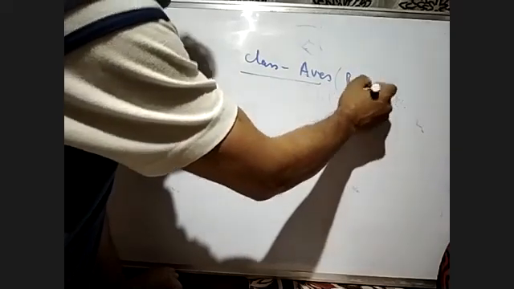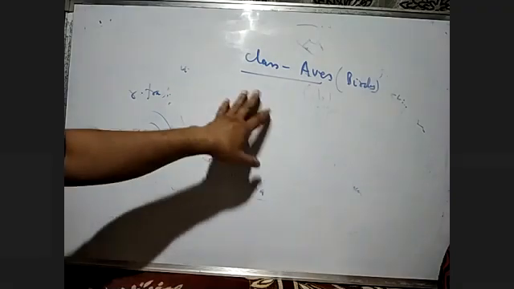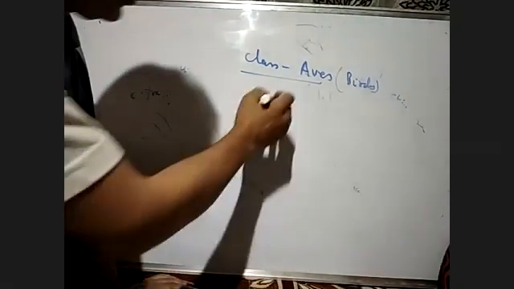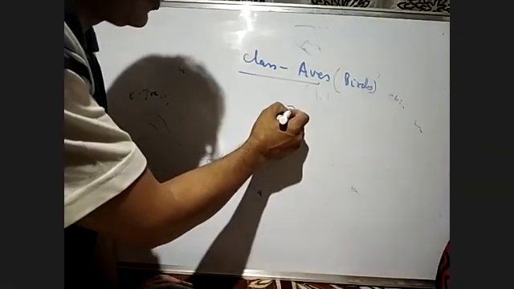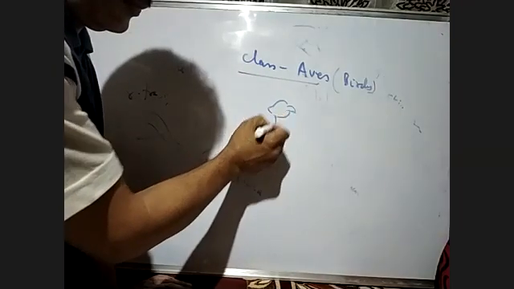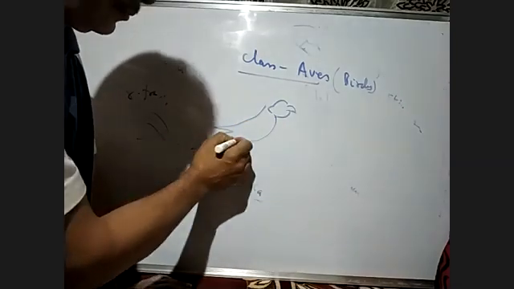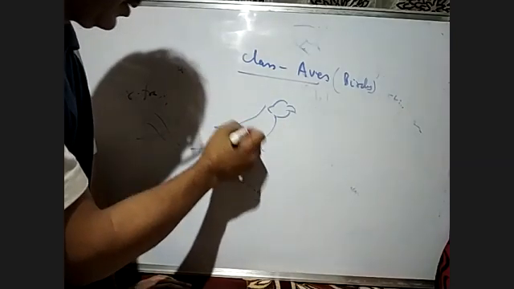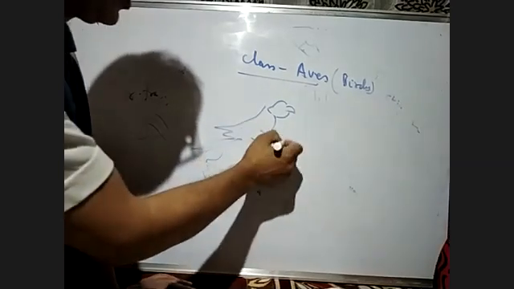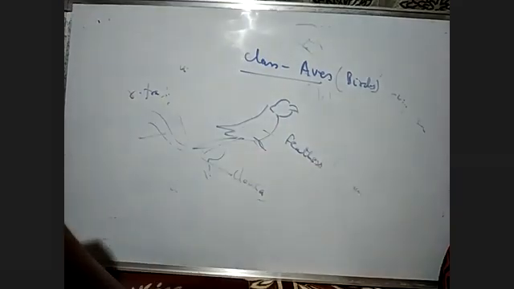So here, a characteristic feature of birds is the presence of feathers. All the birds have feathers.